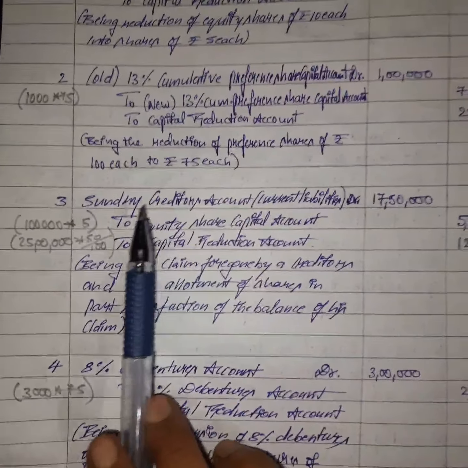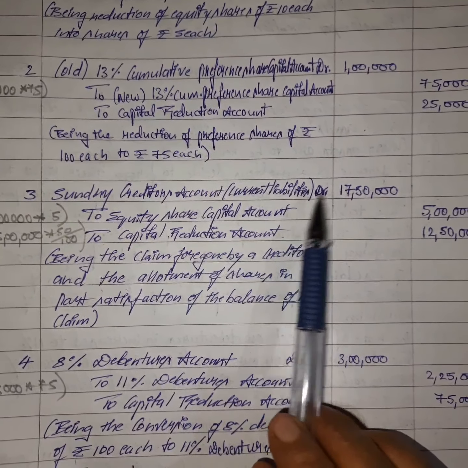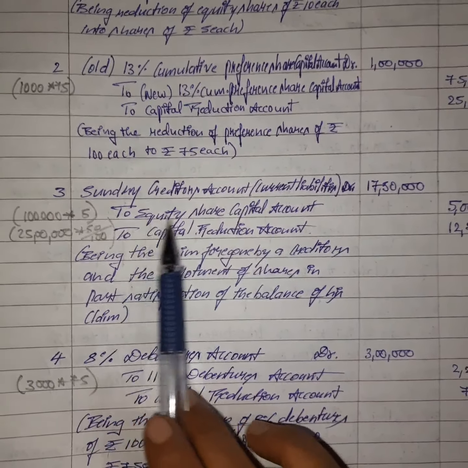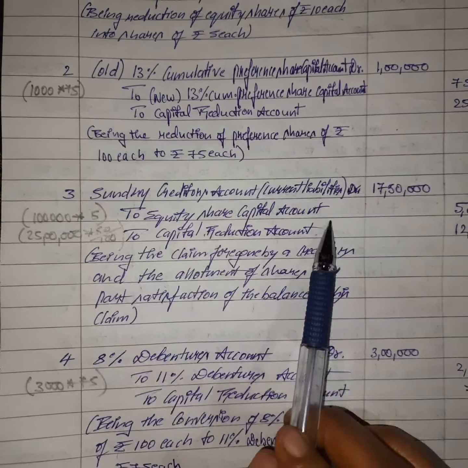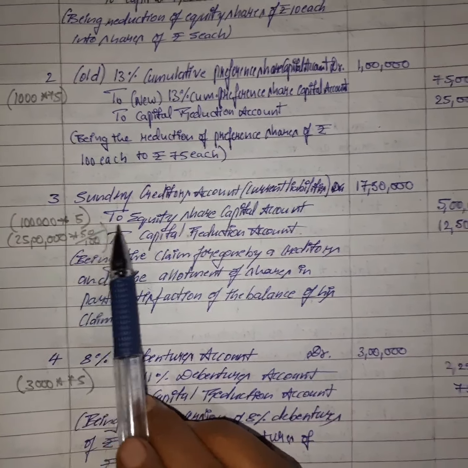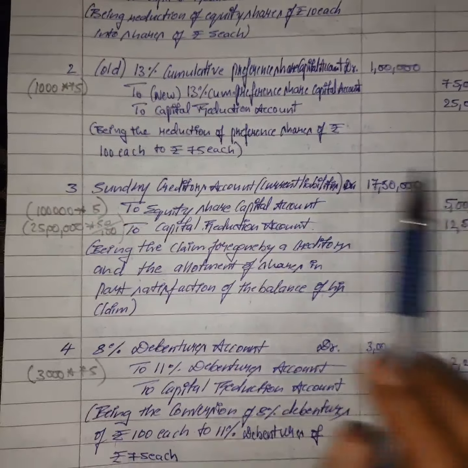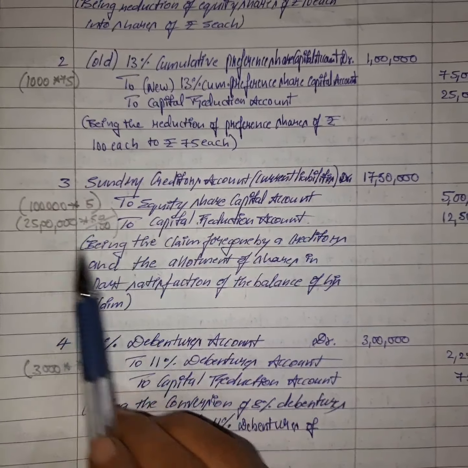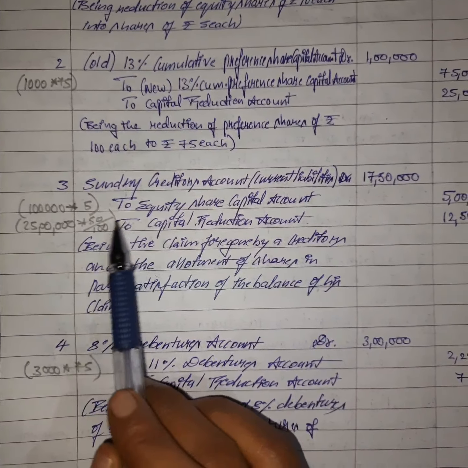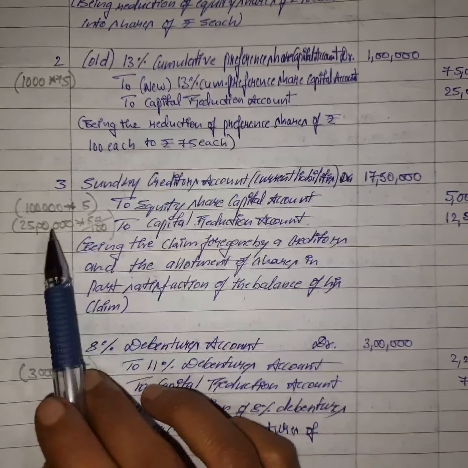Next entry, sundry creditors account, you can mention as current liabilities, debit. Coming to next, to equity share capital account, 1 lakh shares into rupees 5 each. In the credit side you are mentioning 5 lakh. Coming to next, to capital reduction account, they have mentioned 25 lakh. In that 50% has been capital reduction.